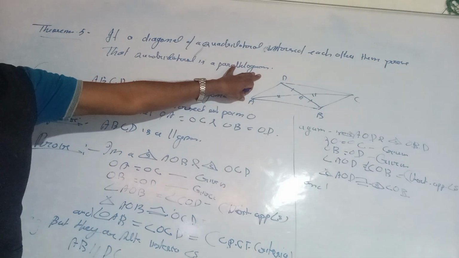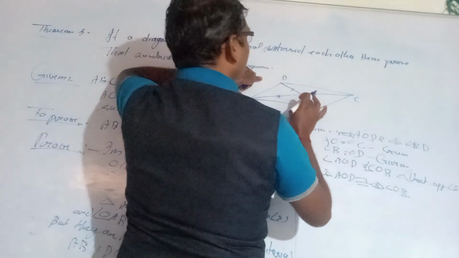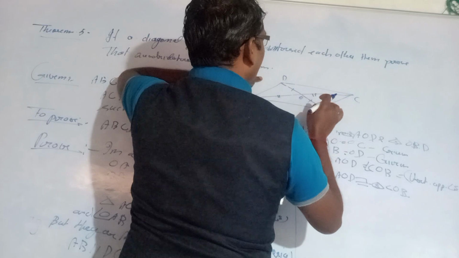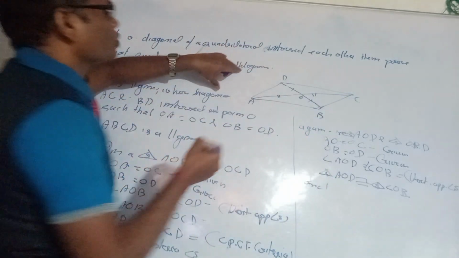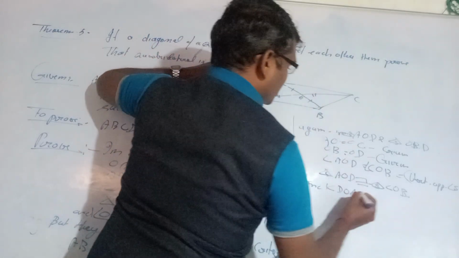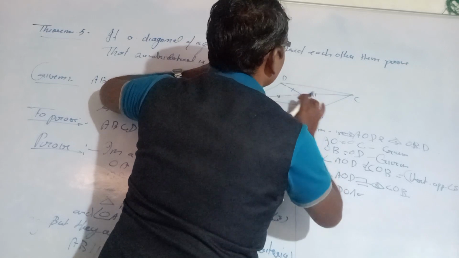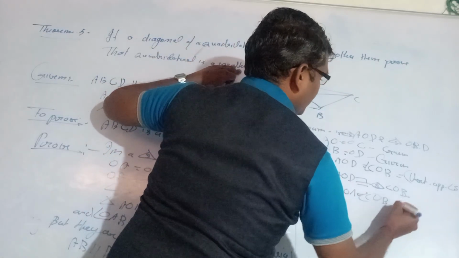So angle DOA is equal to angle COB. Why?